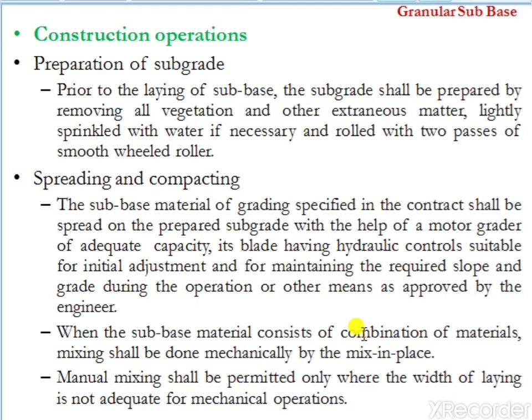The first step in execution of construction of granular subbase is preparation of subgrade. Subgrade is a layer which is laid above the natural ground profile. Let us see how we should prepare the subgrade.